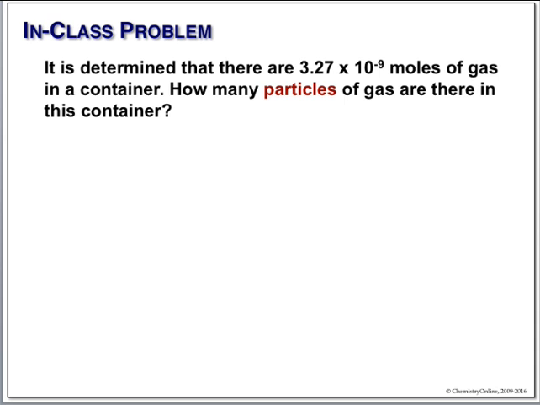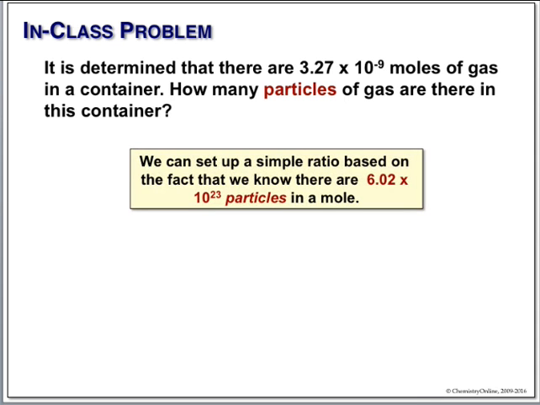And again, from Avogadro, we know that every mole is going to be 6.02 times 10 to the 23rd. That's our ratio. Simple ratio based on 6.02 times 10 to the 23rd particles per mole, and this is our given, our number of moles. Go ahead and write your ratios.